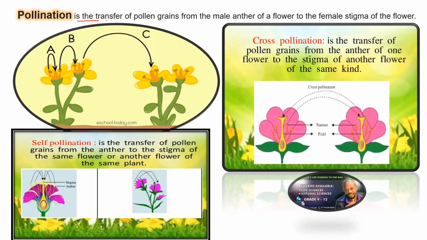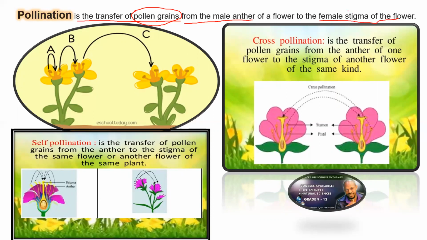Pollination is the transfer of pollen grains, and remember, our pollen grains contain sperm cells, plant sperm cells. Transfer of pollen grains from the male anther of a flower to the female stigma of the flower.